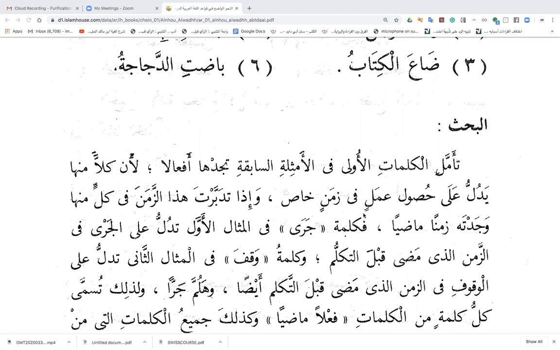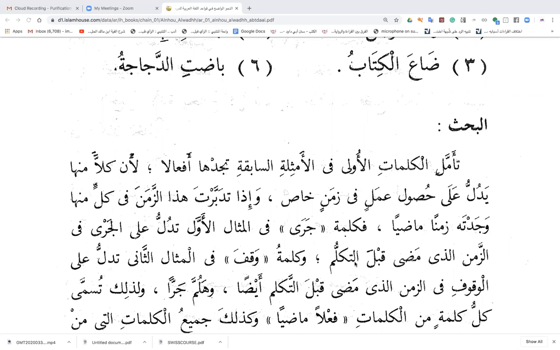a past tense. فكلمة جرى, so the word he ran, في المثال الأول تدل على الجر في الزمن الذي مضى قبل التكلم. So the idea that the dog ran, right? The form of the word is signifying that this running happened before you talked about it, right?